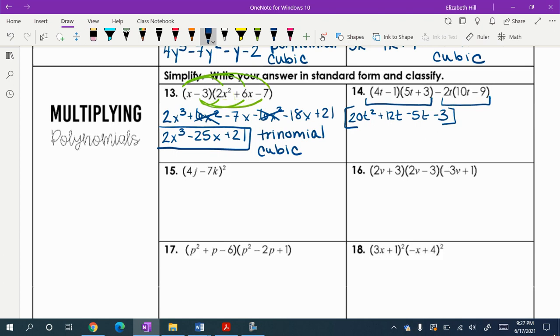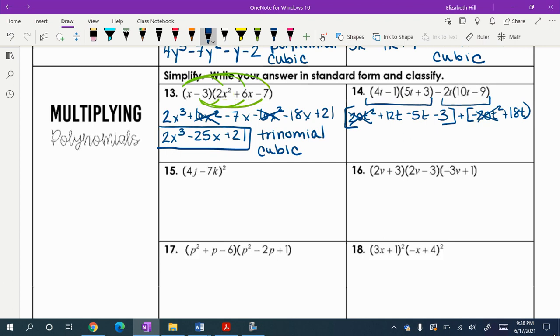Now I'm going to distribute that negative, because that would allow me then to use addition. -2t times 10t gives us -20t squared. -2t times -9 gives us +18t. Add some terms together. The 20t squareds are going to cancel each other out.